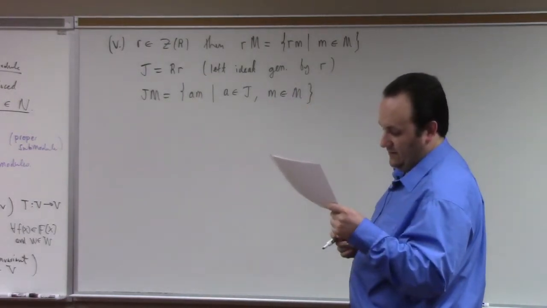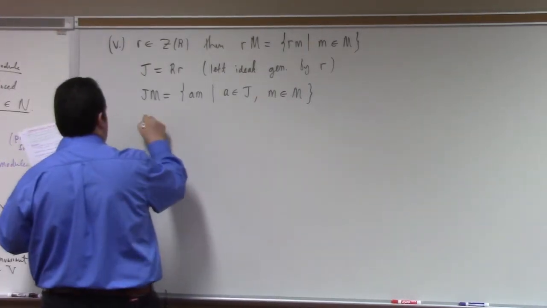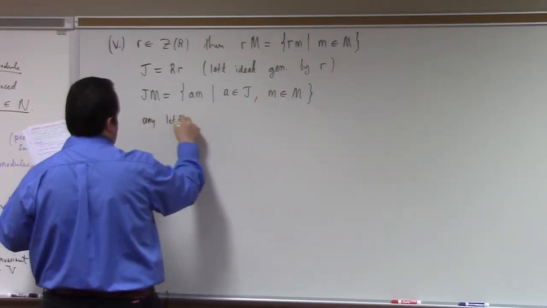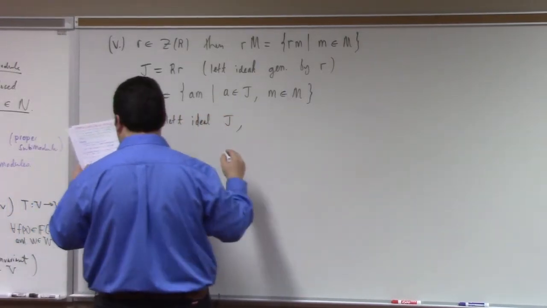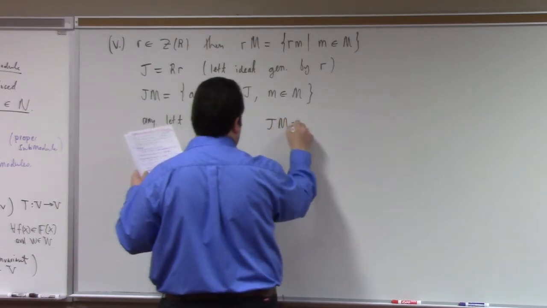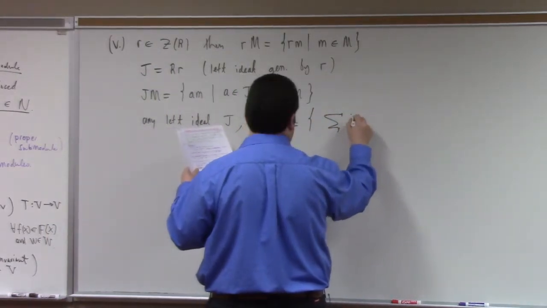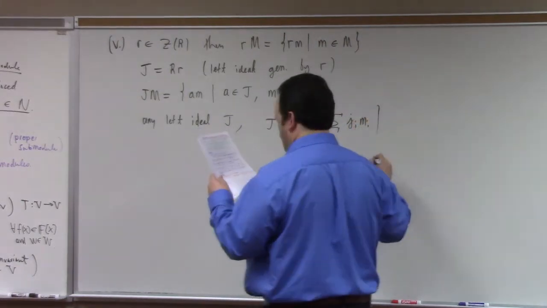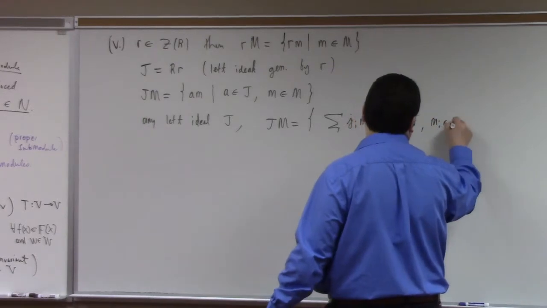More generally, if you have any left ideal J, you can define JM to be the sum over j sub i, m sub i, such that j sub i is in J and m sub i is in M.